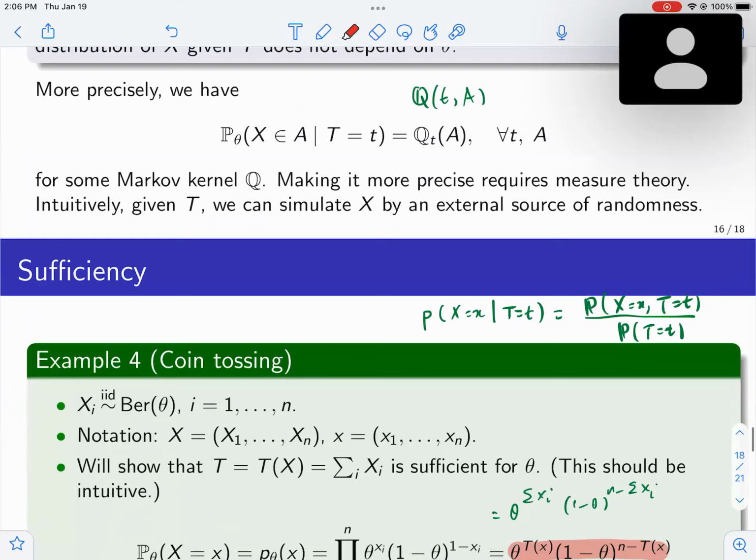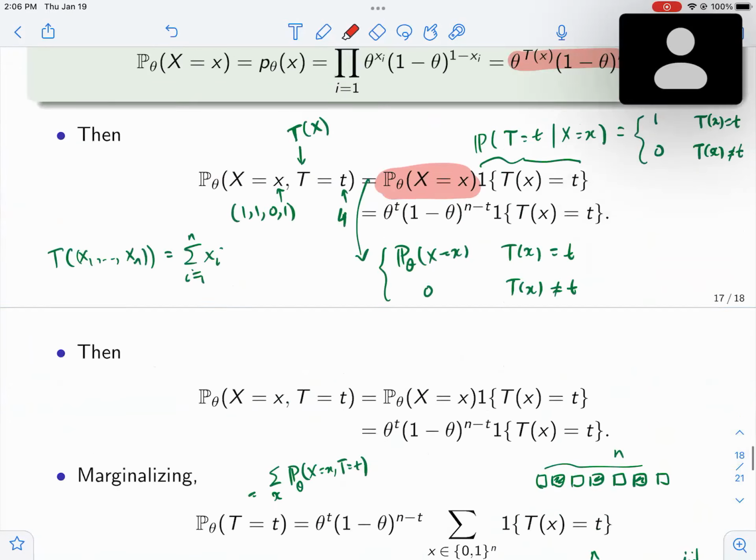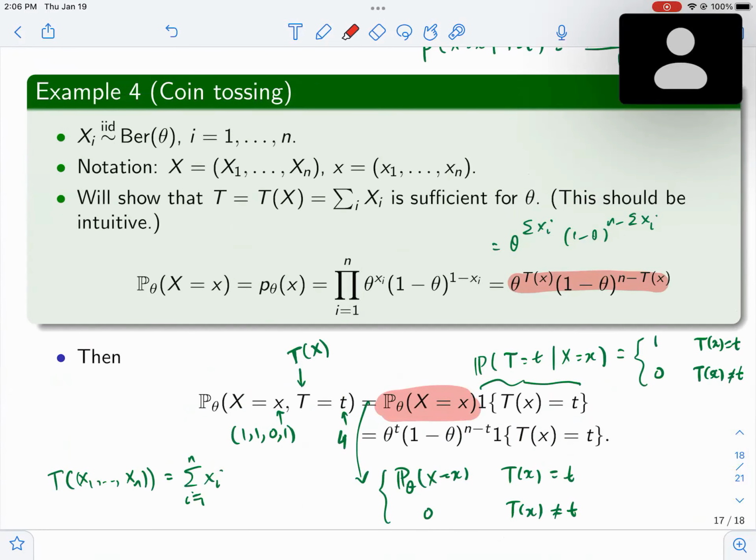Right. And then we did an example where we actually used the definition to come up with an argument that in the coin flipping example, the sum of the entries, basically the number of, let's say, ones, or the number of heads, is sufficient.